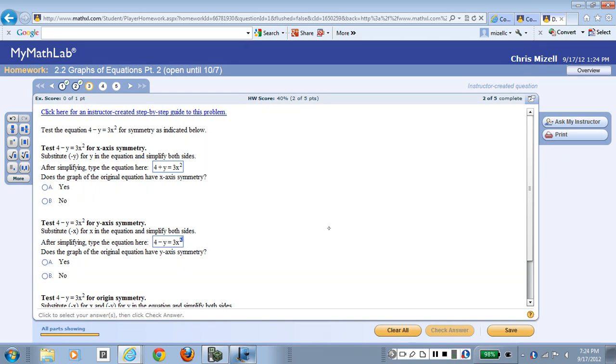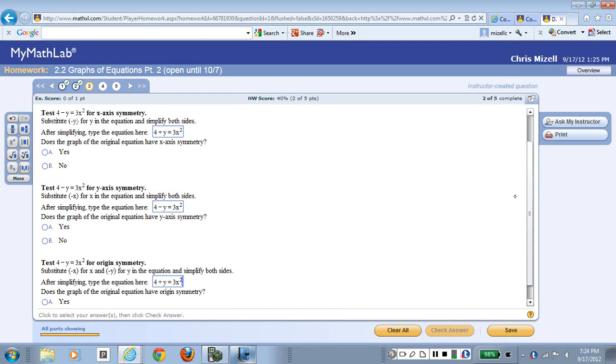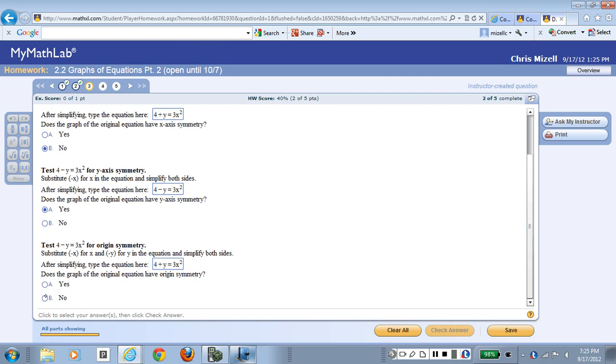So if I do both, I would get the 4 plus y as a result of substituting negative y for y, and I would get the 3x squared as a result of substituting negative x for x. The one that's identical to the original is this one. So a yes to the y-axis symmetry, a no to the other two.